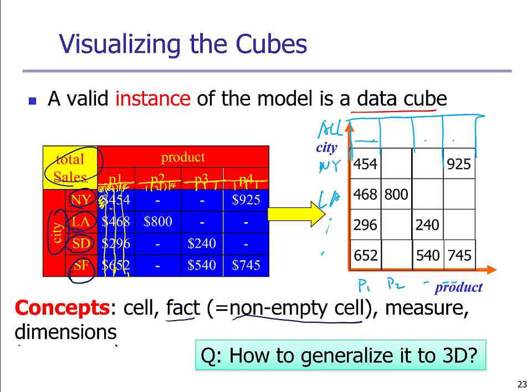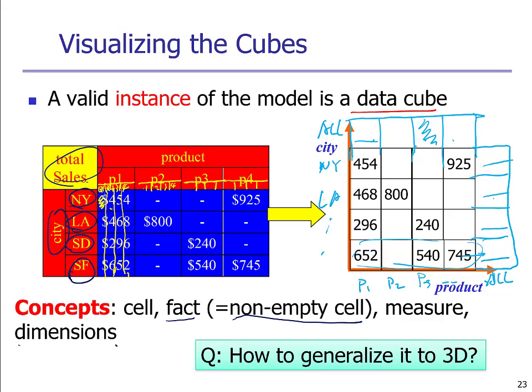We can do similar things for product. Assume that for product, product is the lowest level, and there are only two levels. Then we can expand the data cube in this direction and sum up this part to get the aggregation here. For example, this cell means the total sales of product P3 across all the cities.